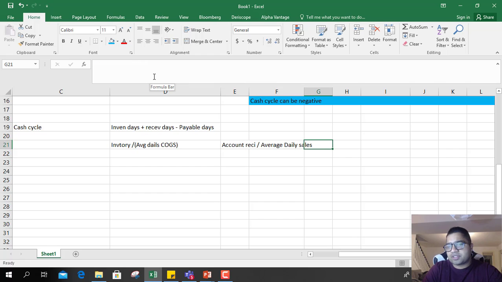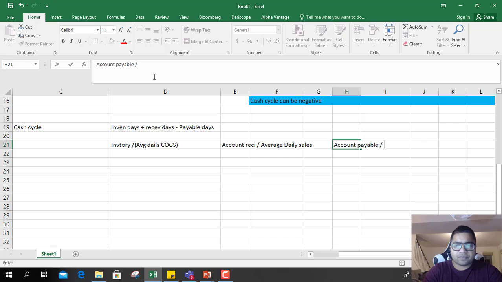Account receivable by average daily sales, and account payable by average daily sales. Sorry, account payable should be divided by average daily COGS. Payables are always cost. So how is the cash cycle computed?